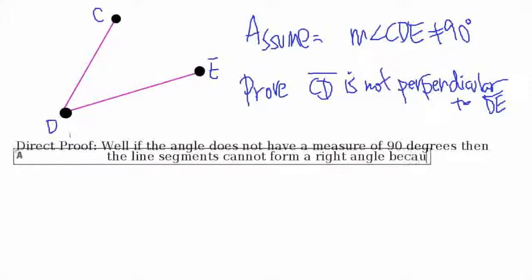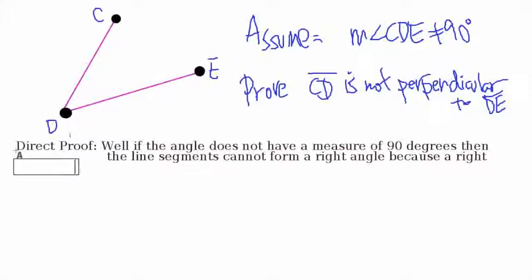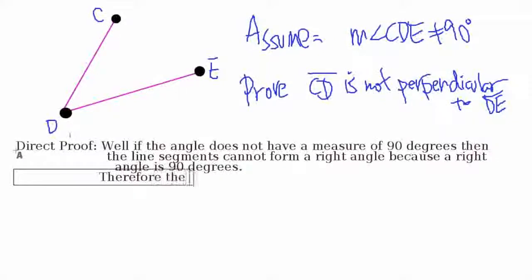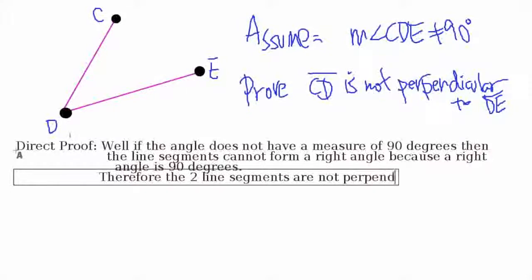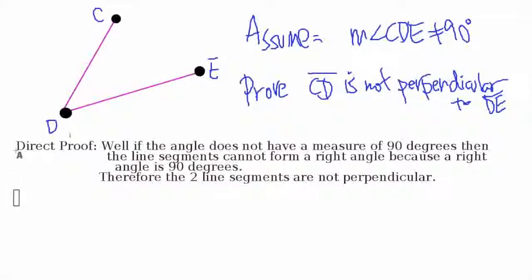Why? Because a right angle is 90 degrees. Okay, so I just spelled it out. So therefore the two line segments are not perpendicular. Okay, I just directly addressed why it had to be true that the line segments are not perpendicular.